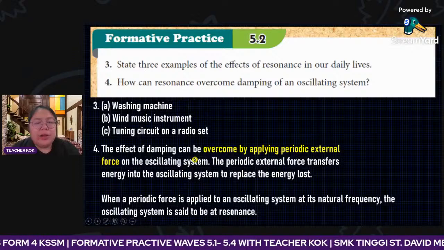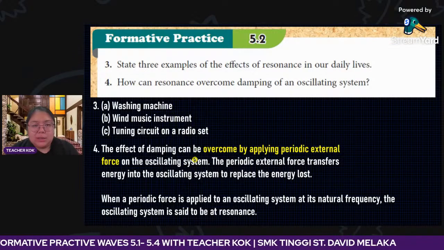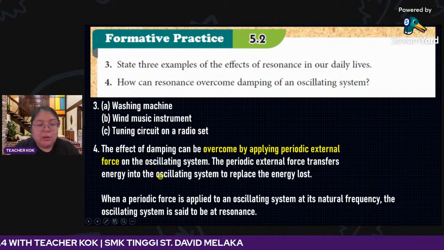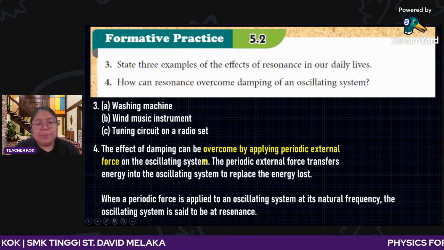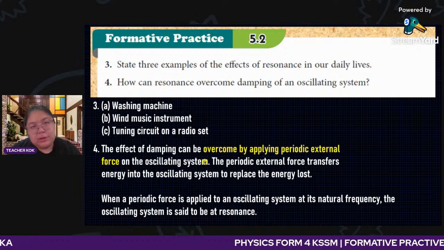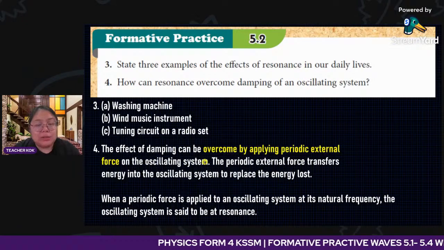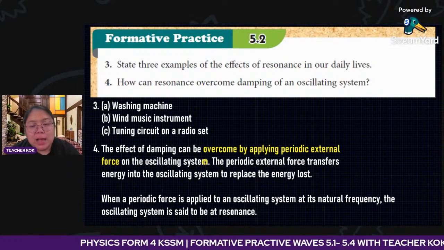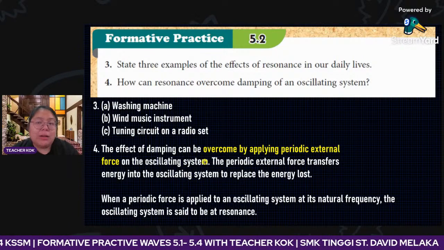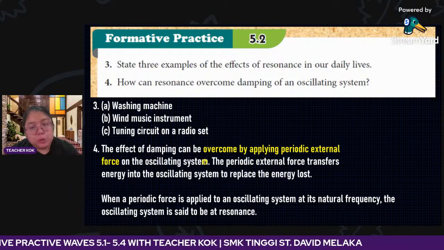Okay, how can resonance overcome the damping? Resonance can overcome damping. How come? You see number 4, the effect of damping can be overcome by applying a periodic external force. Damping is slowing down, is it? So that means I apply the force. When I apply the force, I can overcome the slow down. I can make the object keep swinging.